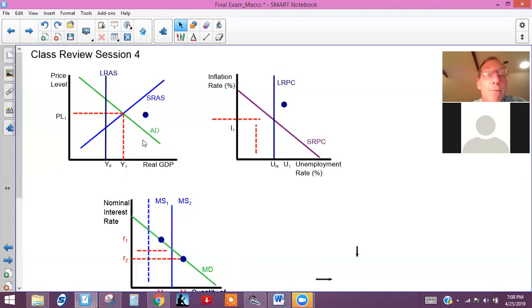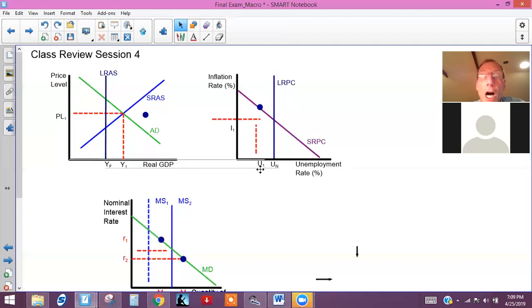So if you have an employment rate above full employment, or to the right of the long run aggregate supply, then over here is going to be just the opposite, because this is unemployment. So that would look like a point right here. Actually, sorry, I'm going to say it backwards here.